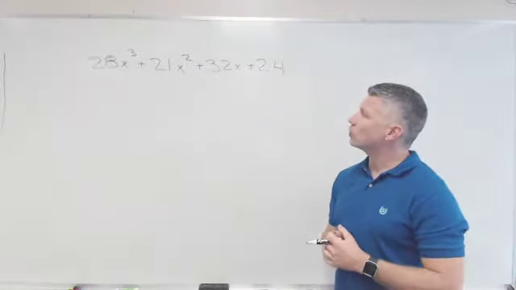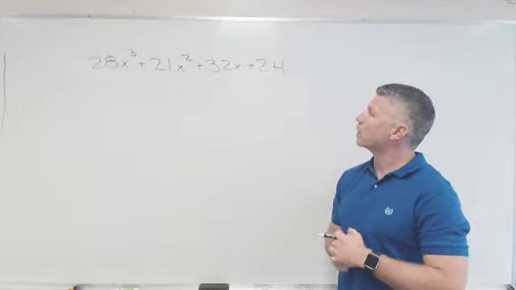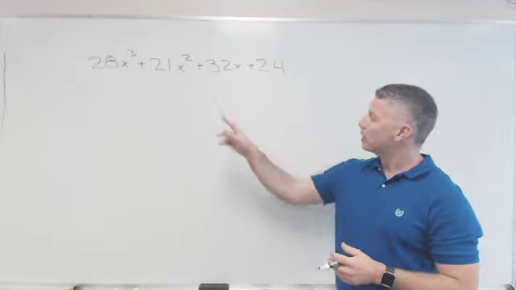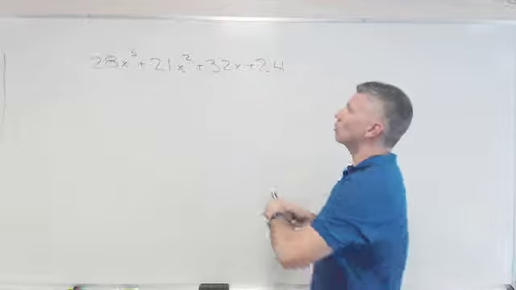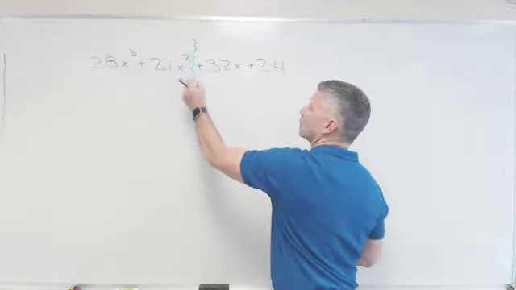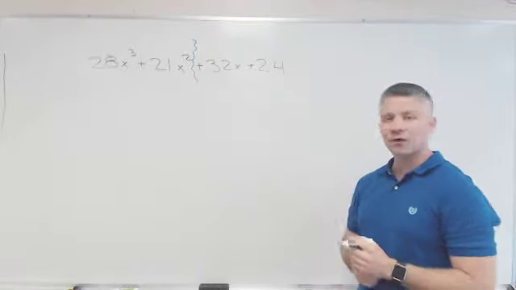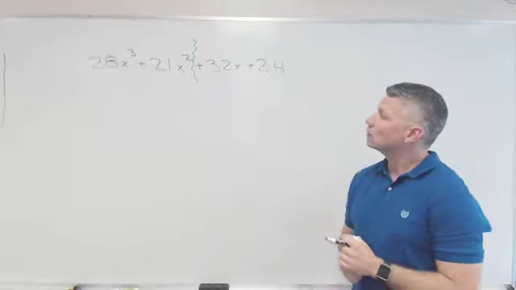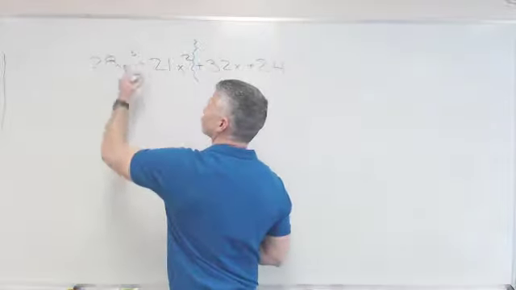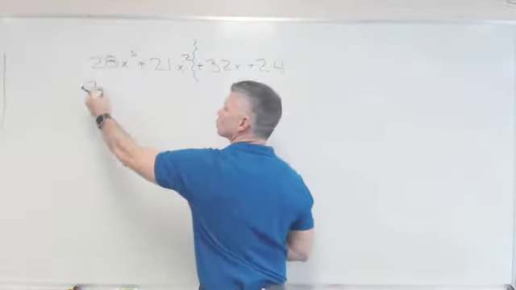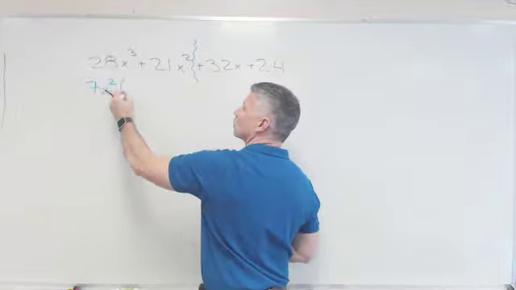28x cubed, 21x squared, 32x, and 24. A 4-term polynomial, an x cubed. So let's go ahead and divide it into 2 problems. GCF of the left side. Greatest common factor of 28 and 21 is 7, and of x cubed and x squared is x squared.